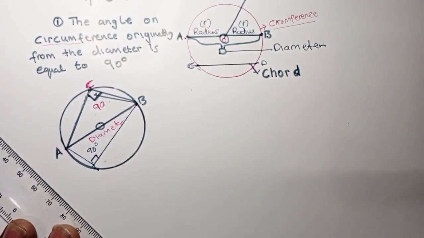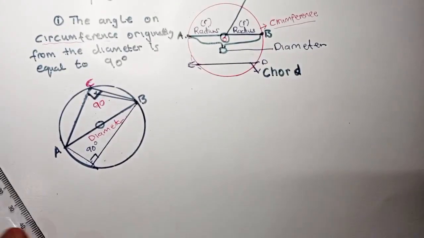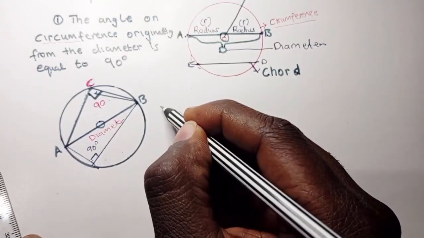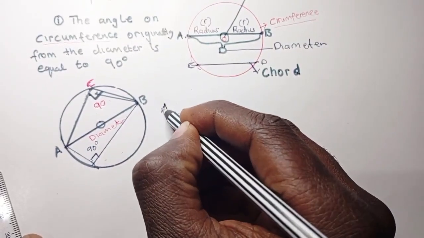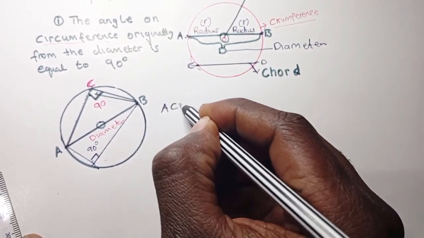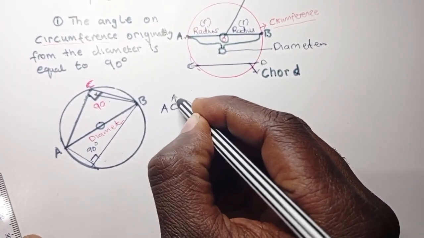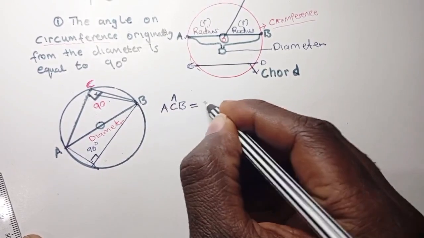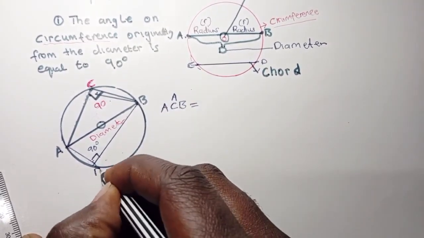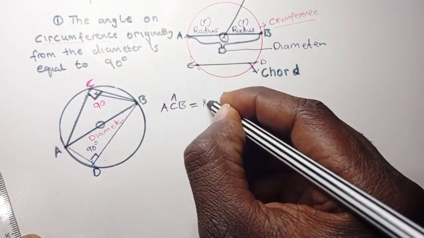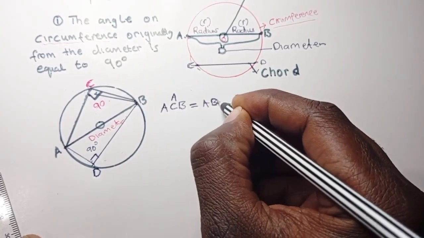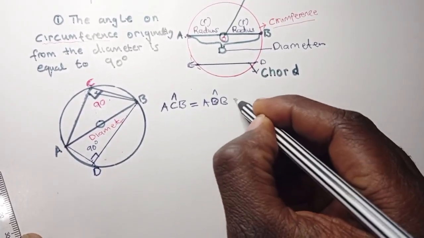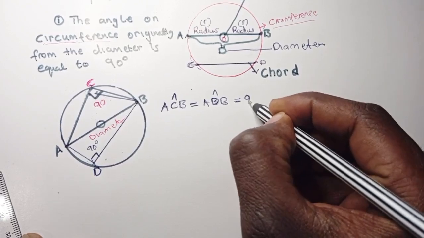So this is what this property actually means. We're going to say that angle ACB, which is this one, is equal to angle, let's make this one D, angle ADB, and these are both equal to what? 90 degrees.